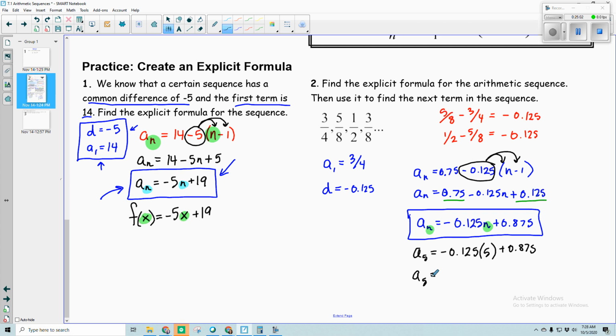Just throw that into Desmos or a calculator if you have it: negative 0.125 times 5, and then we add that to 0.875, and I am getting 0.25 or 1/4. So the very next number in the sequence should be 1/4.